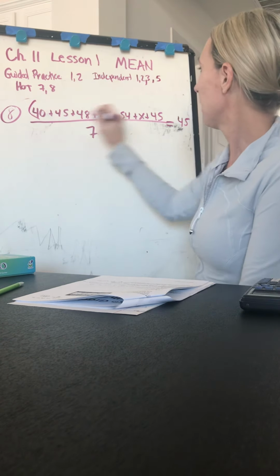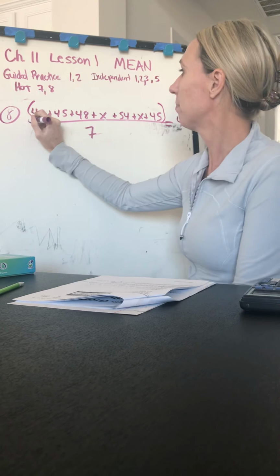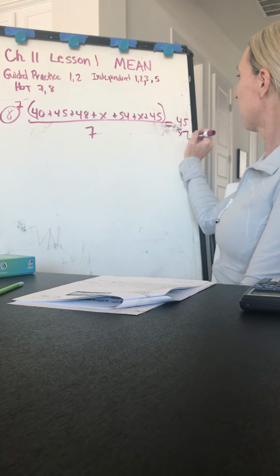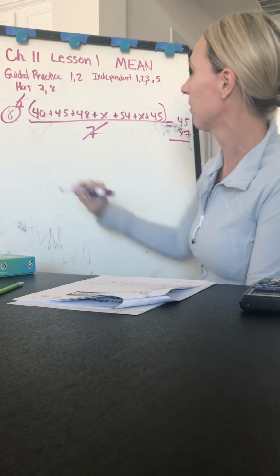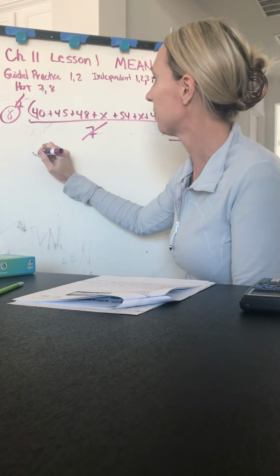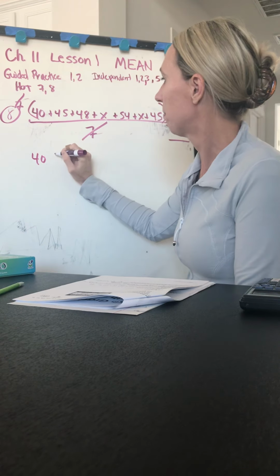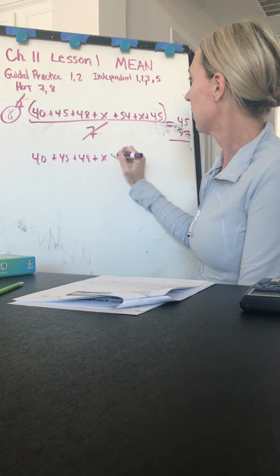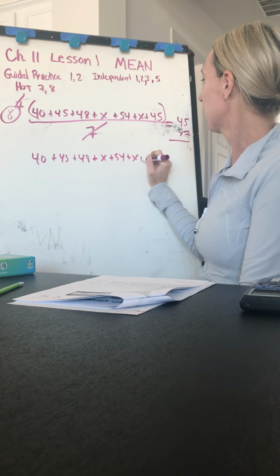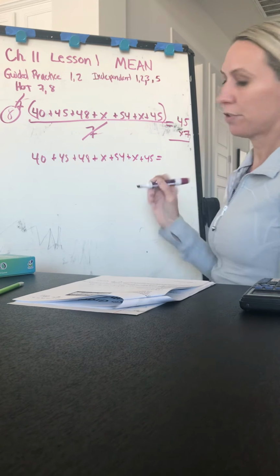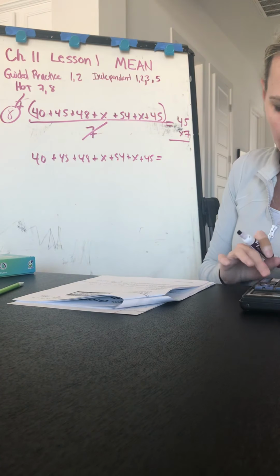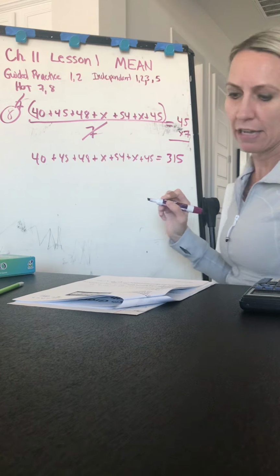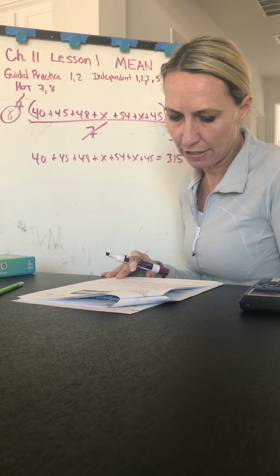Okay, so the first thing I'm going to do is multiply both sides by 7, so I get rid of the 7. The 7's cancel here, so I'm left with 40 plus 45 plus 48 plus x plus 54 plus x plus 45 equals 45 times 7, which is 315. Then I'm going to simplify this.